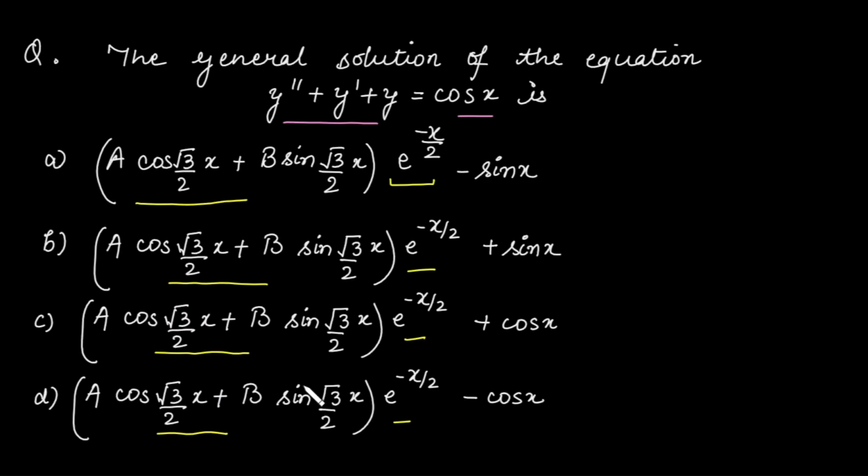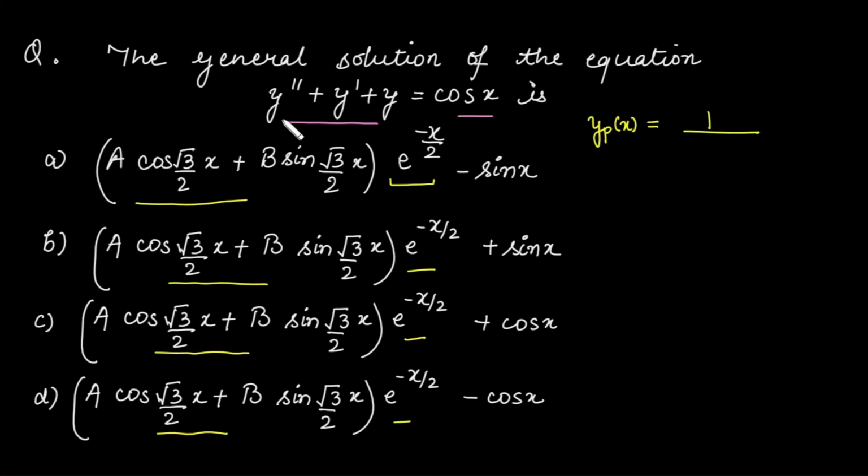So do not waste your time calculating the complementary solution, because in each option the complementary solution is the same. We just need to calculate the particular integral. So how do we evaluate the particular integral? We can write its operator form.